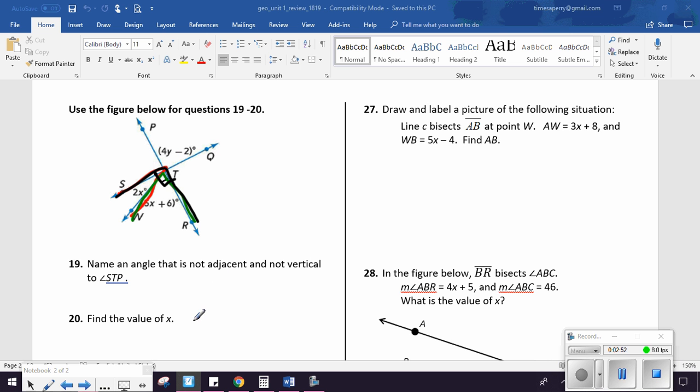So for number 20, we're going to do angle plus angle equals 90. That's the measure of angle STW plus the measure of angle WTR is equal to 90.